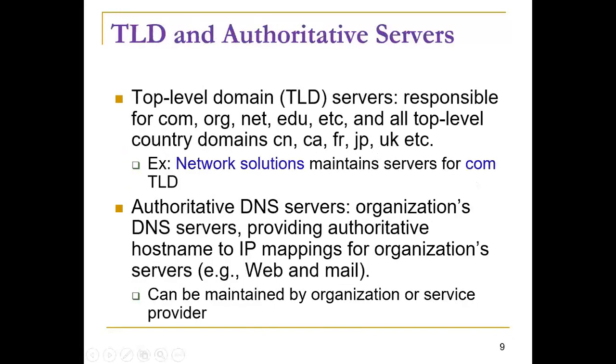And if root name server cannot solve it, then the query goes to the top level domain and then to the authoritative. Authoritative servers are helpful in providing the host name or the IP mappings to organizations, so like web and mail. And top level domain are responsible for the different classification of IP addresses such as com, org, edu, and all.